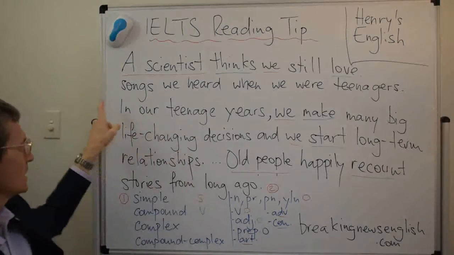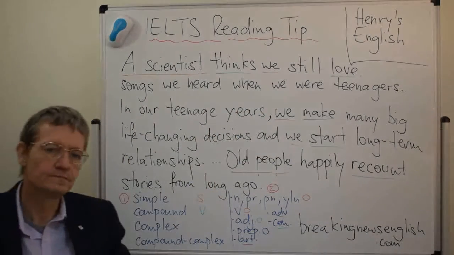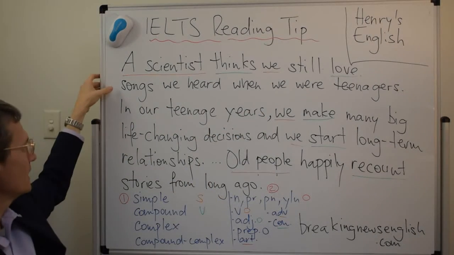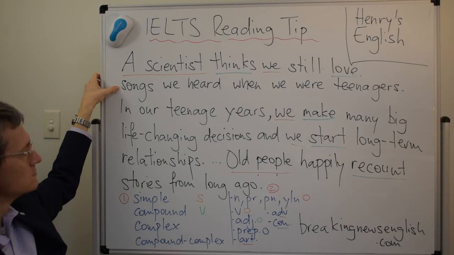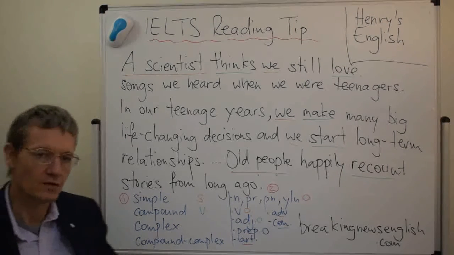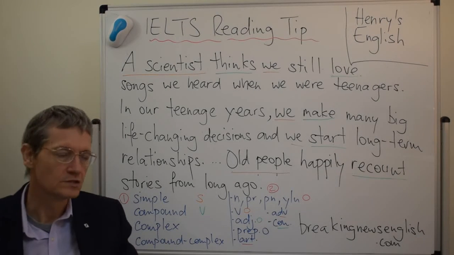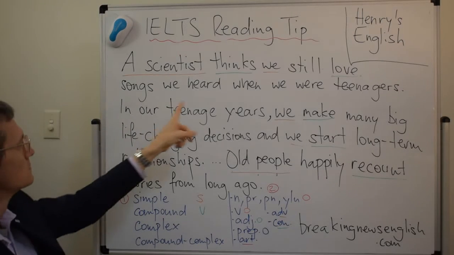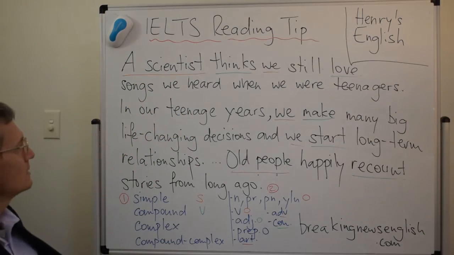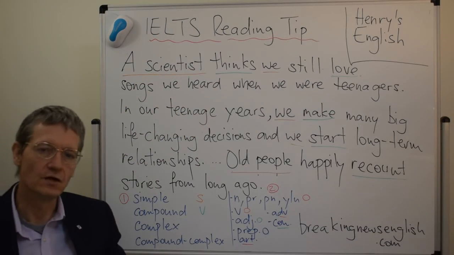Now, why didn't I underline any of this stuff? Because this can be looked at as one large noun. So I could say, a scientist thinks that we still love songs.